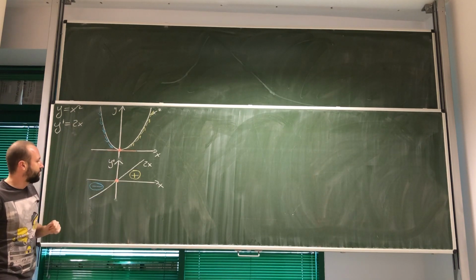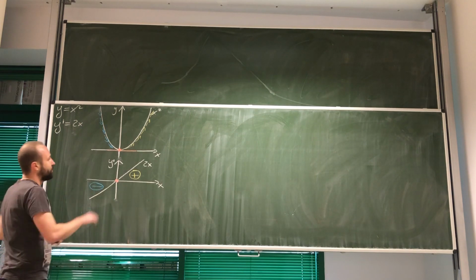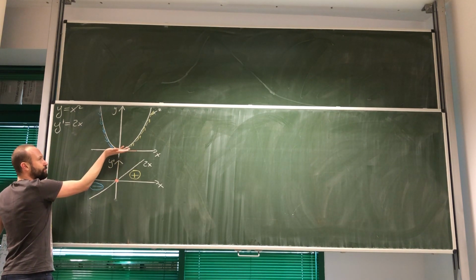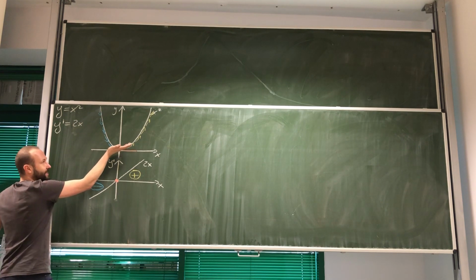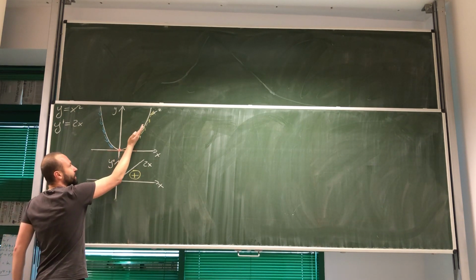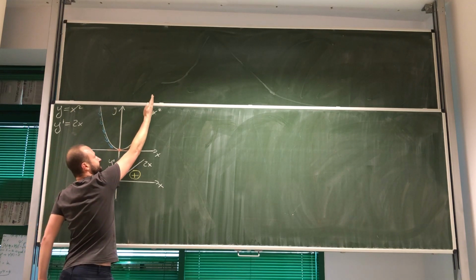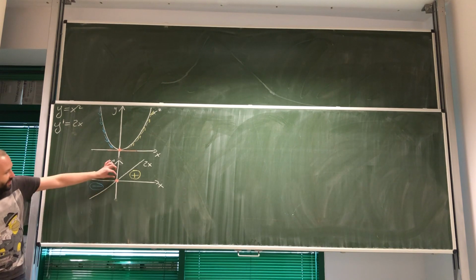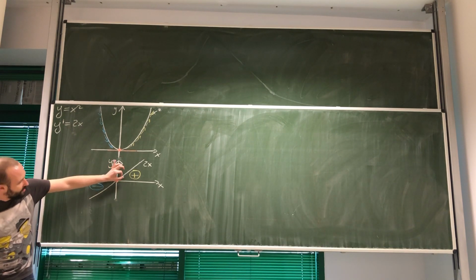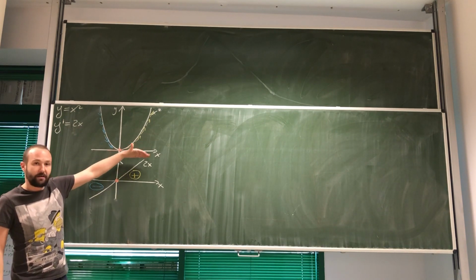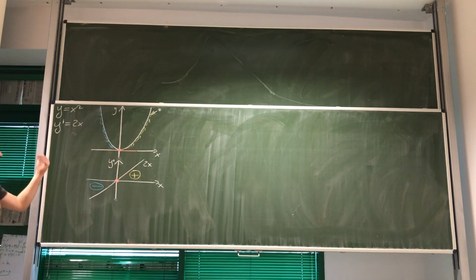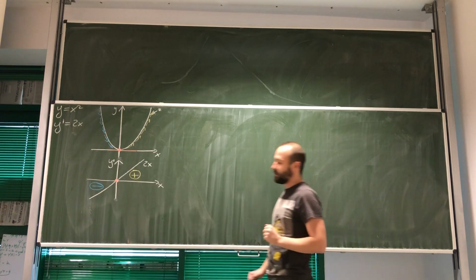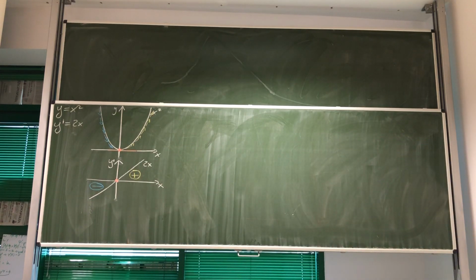Then it reaches 0. What happens next? Here we see that the function starts being relatively flat, and it's becoming steeper and steeper. And what is happening with the derivative? At the beginning, the derivative is very small, but it's getting bigger and bigger. Another indication of how the derivative actually measures the slope of the function.